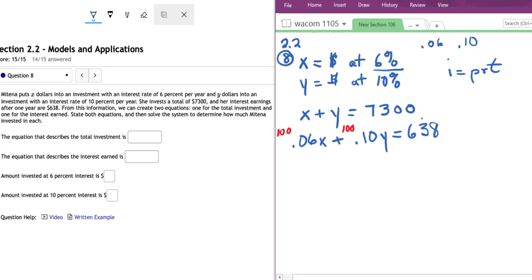So I have to use that all the way across. The downside is you get bigger numbers, but it will get rid of these decimals. So I'm going to have 6x plus 10y equals 63800. Now I'm going to bring my other one down.